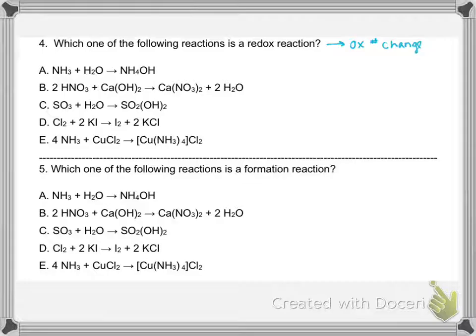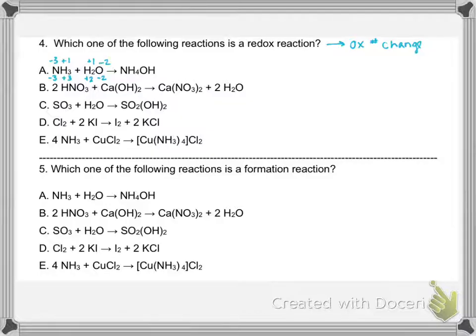So in A, we'll start with the ammonia. We'll say each hydrogen is +1, overall +3. So the nitrogen must be -3. In water, say each hydrogen's +1, overall +2. So the oxygen is -2.